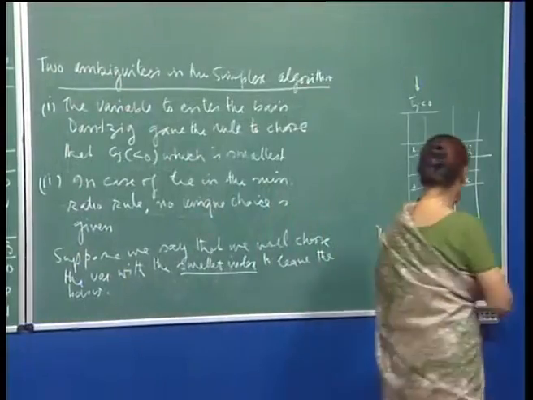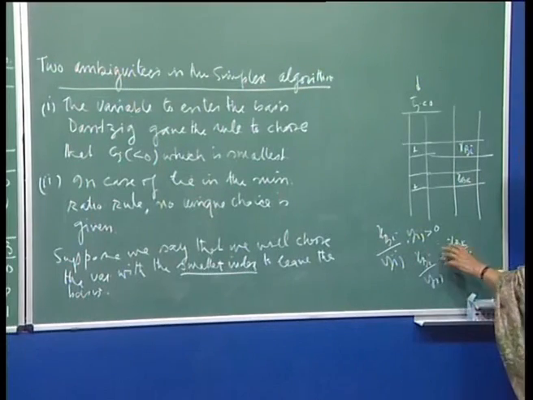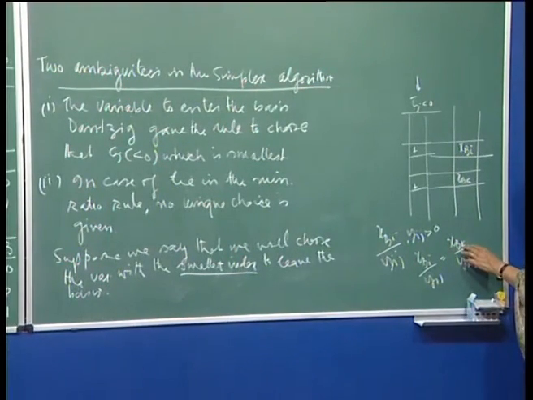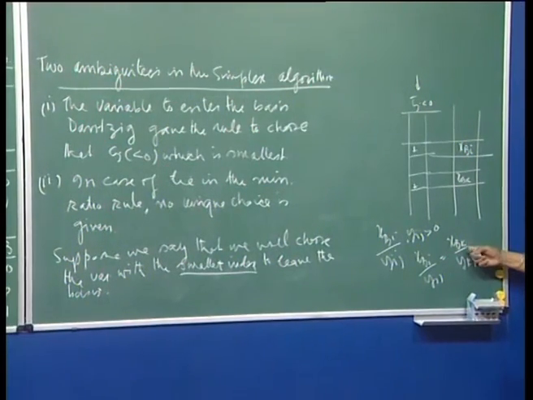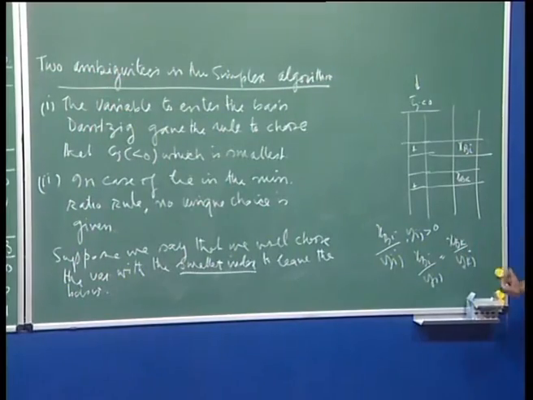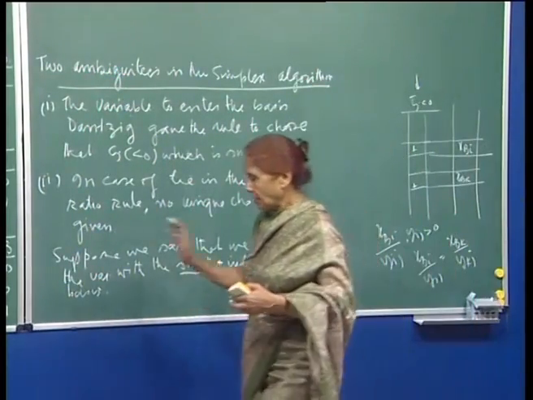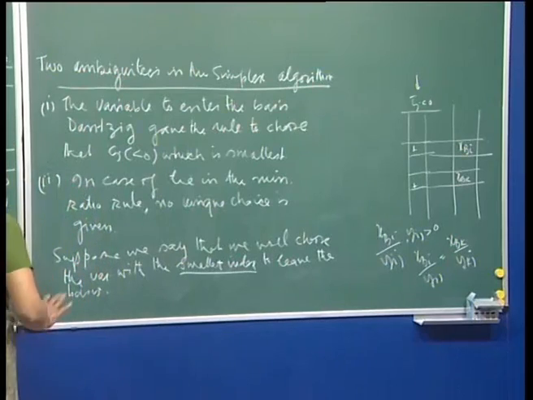So if this is the third basic variable and this corresponds to the second basic variable, then I will choose the second basic variable to leave the basis. So the smaller index variable should leave the basis. Now suppose I have these two rules, and now let me show you what can happen.